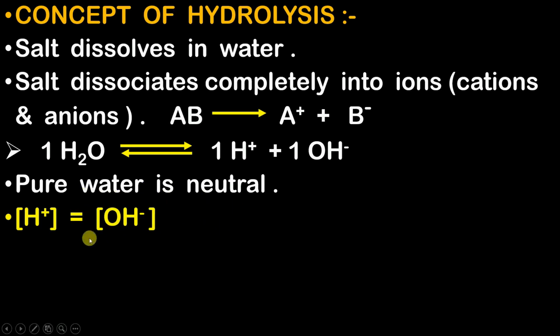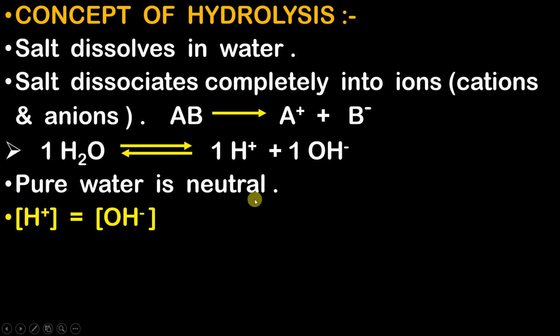If the molar concentration of H+ ions was greater, then pure water would have been acidic. And if the molar concentration of OH- ions was greater, then pure water would have been basic. But here, since the molar concentrations are the same, our pure water is neutral.